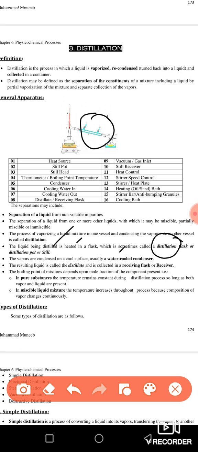And the resulting liquid which receives your distillate is called the receiving flask. This yellow one is your receiving flask. The boiling point of the mixture depends upon the molar fraction of the compound. For example, if it is a pure substance, then the temperature remains constant. If an immiscible substance which can dissolve in your liquid mixture is present, then the temperature increases throughout this process.